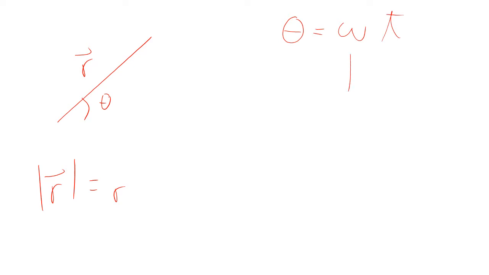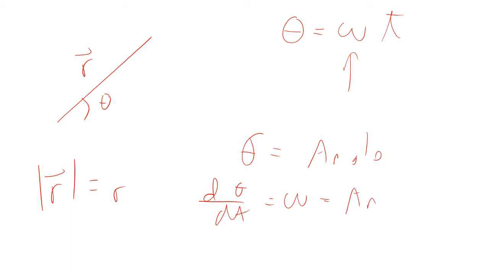That's a lowercase Greek omega, not a w. When we think about theta, this is an angle, and d theta dt is omega, which is angular velocity.